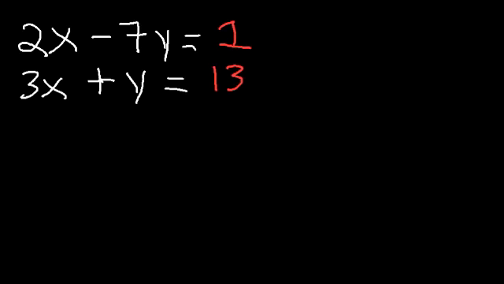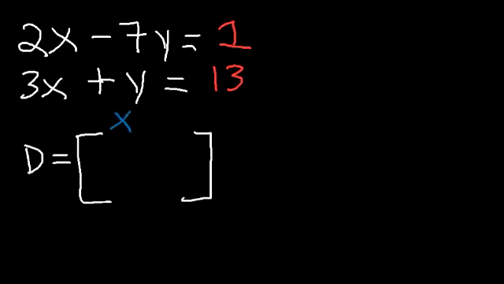So let's calculate the determinant first, which is going to be the coefficients of x and y. So on the left, we're going to put the coefficients for x, and on the right, we're going to put the coefficients for y. So it's 2, 3, negative 7, 1. So there's an invisible 1 that you don't see here if it's simply y.